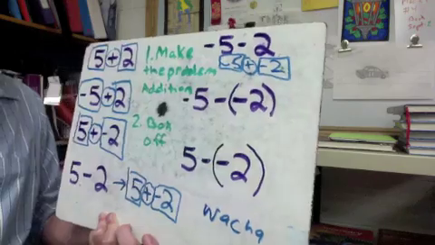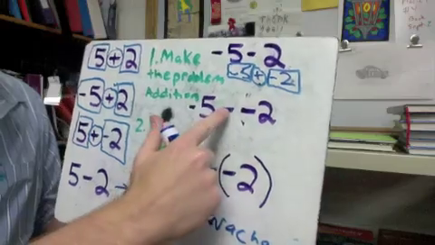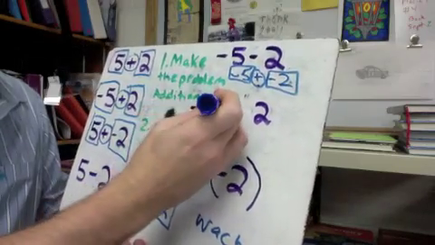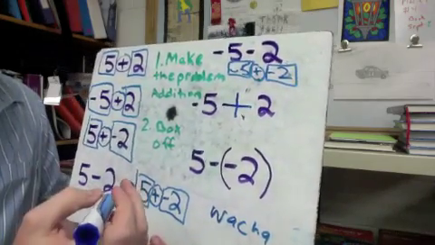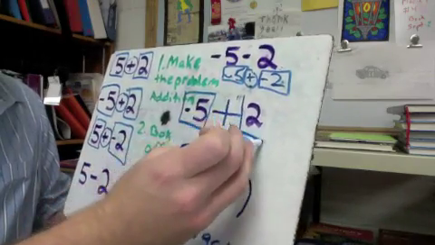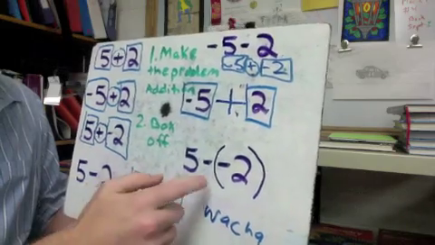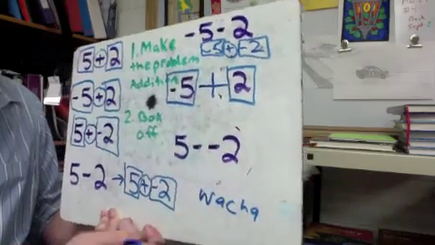We're going to take this, and again, you don't need these parentheses in here, but you're going to see them a lot. Two negatives, one big plus. Okay. Now we've got our addition problem, and box this off. I've got negative 5, positive 2. Same thing down here. I don't need these parentheses in here, but you'll see them a lot.